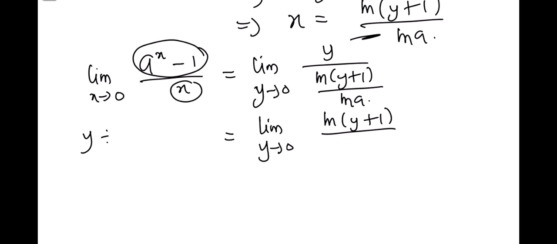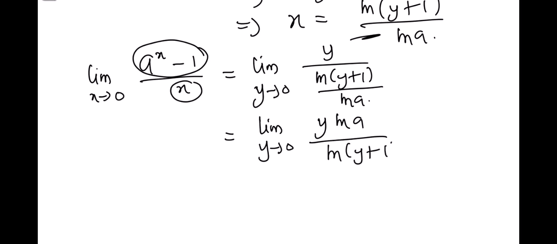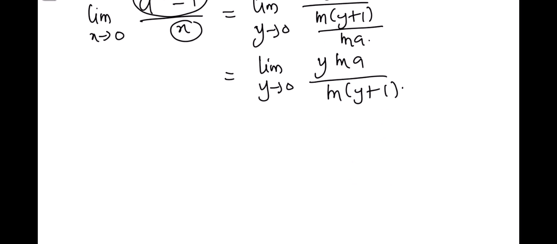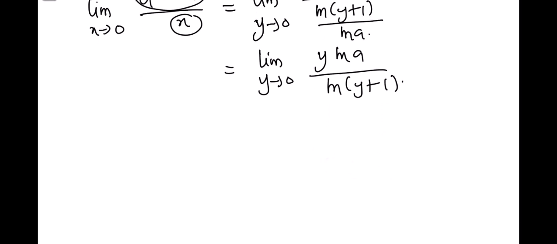So this is just algebra. So you have y ln a all over ln(y plus 1). Okay, so we can have something like this.